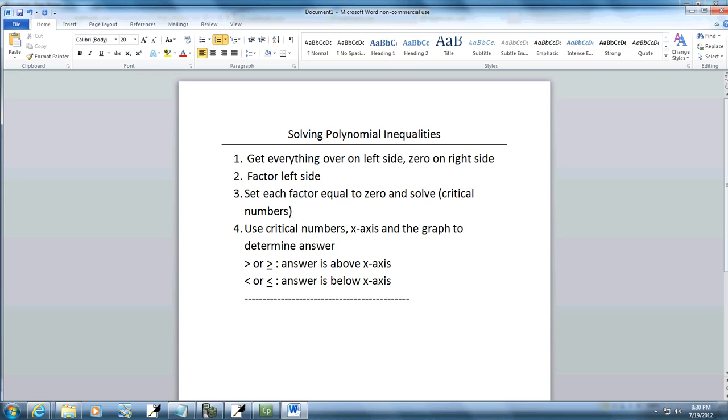If you have a less than or greater than, then you'll use parentheses. If you have a less than or equal to or greater than or equal to, you'll use brackets. There we go.